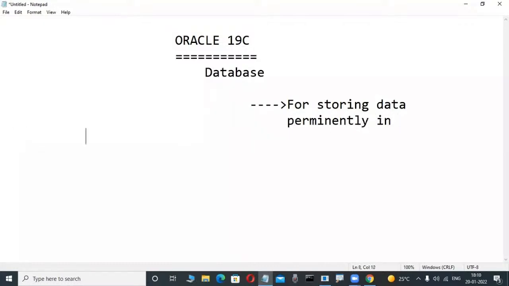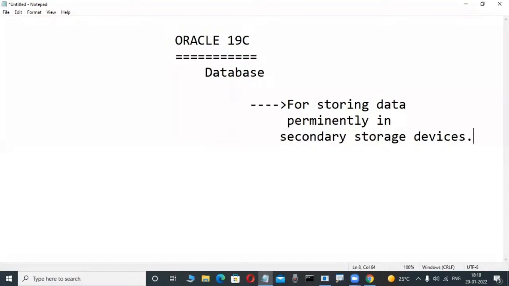Secondary storage devices means maybe hard disk. Permanent. Suppose today we store data, after 5 years, 10 years, 20 years, 100 years, your data is still available.